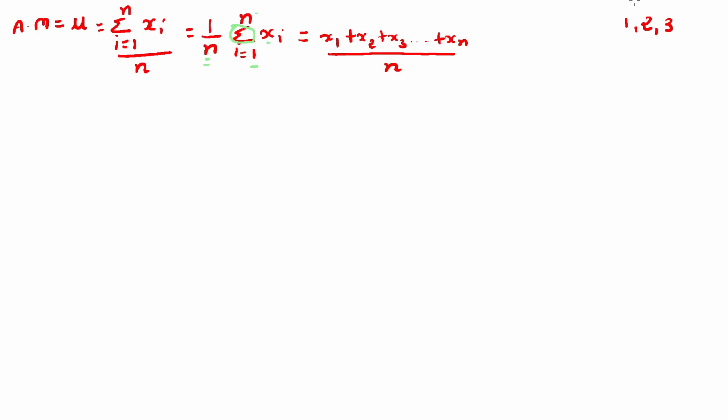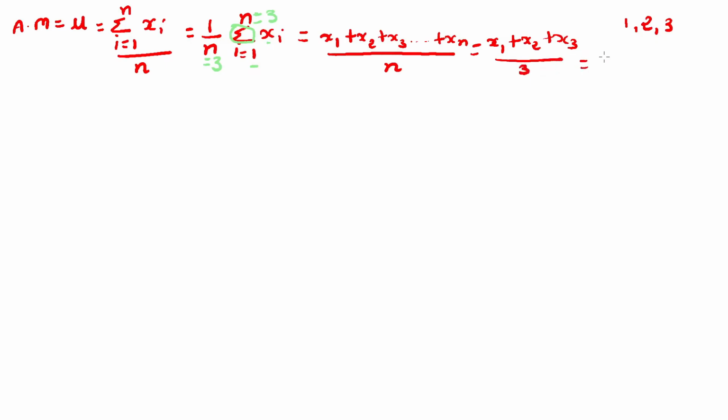Okay, and let's say we have these three numbers: 1 comma 2 comma 3, and now we want to find arithmetic mean of these three numbers. So in that case, this n becomes 3. Over here n value will be equal to 3. This equation becomes x1 plus x2 plus x3 divided by 3.